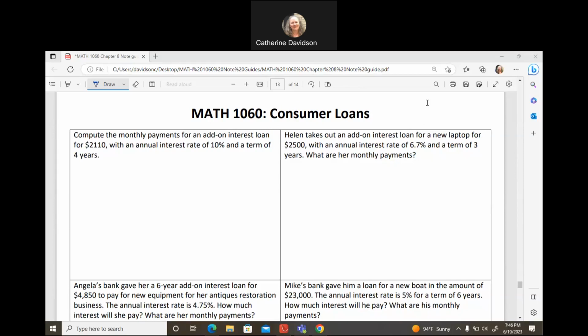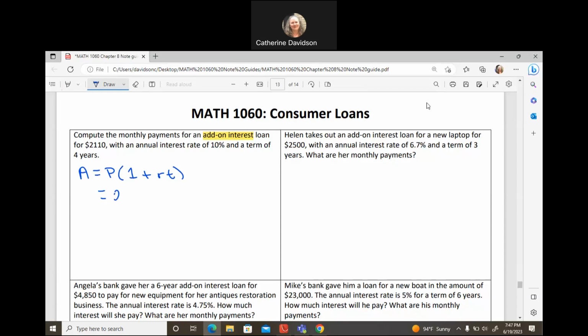So we're going to compute the monthly payments for an add-on interest loan for $2110 with an annual interest rate of 10% and a term of 4 years. If it says add-on interest, that means we're going to go back to the beginning and use simple interest. So we need to find the total amount that you're going to pay back for this loan.